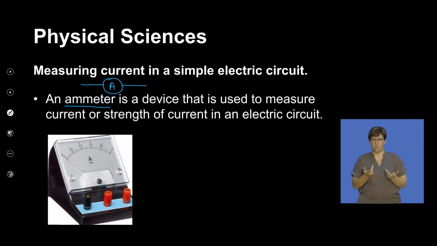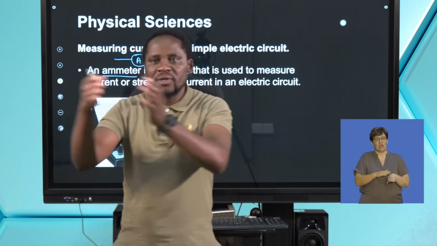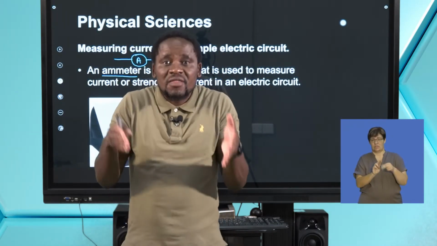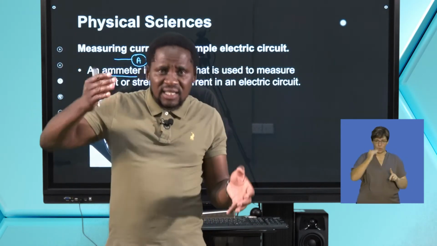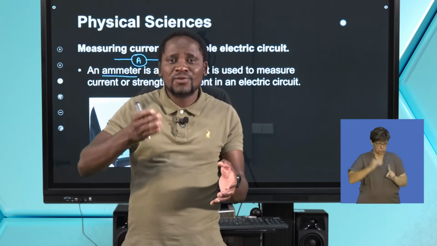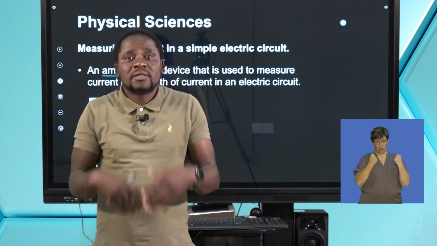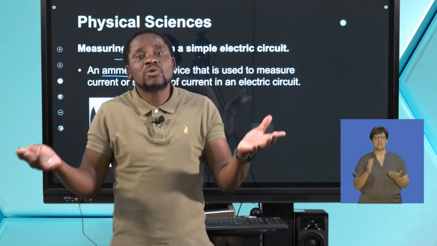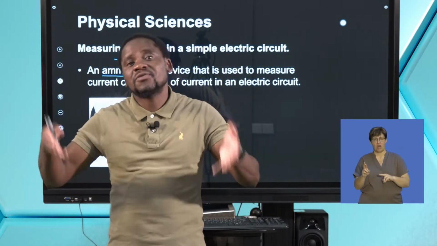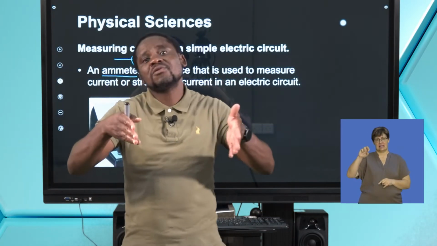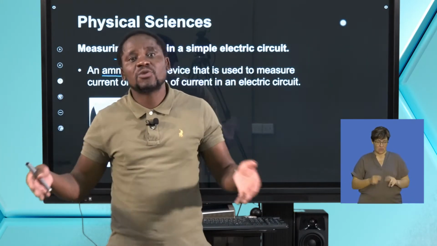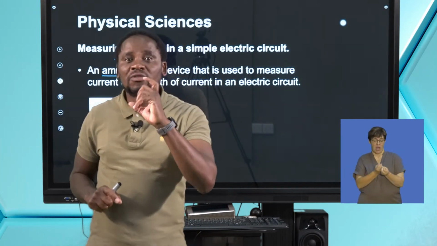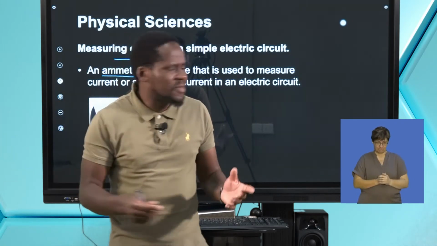So take note, we talk of current in terms of charge per unit time, or we can talk of strength of current: the greater the amount of charge passing through, the stronger the current. Sometimes we may also refer to it as intensity of current. So current, strength of current, current intensity may be used differently, but they refer to the same thing.